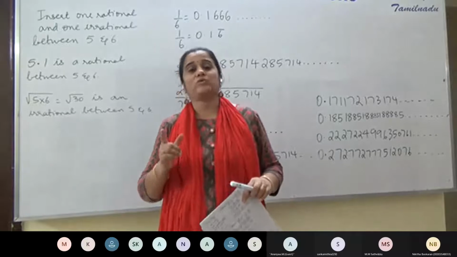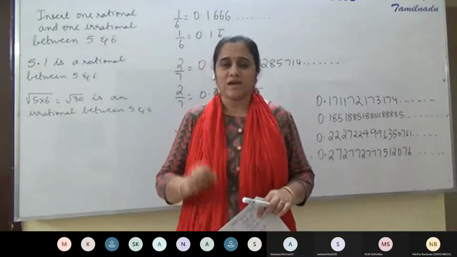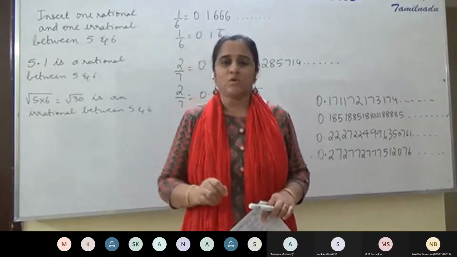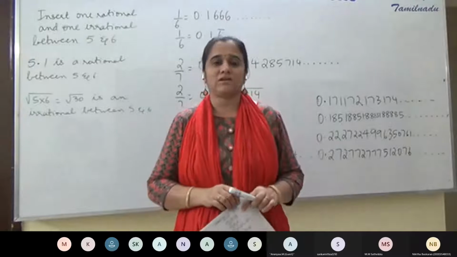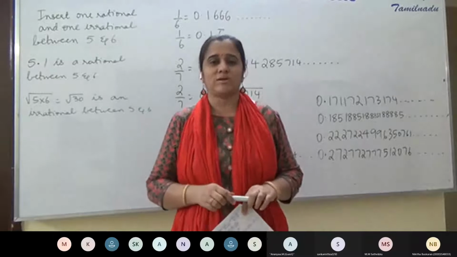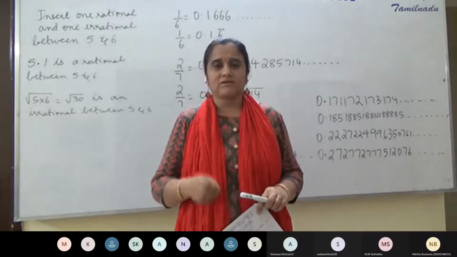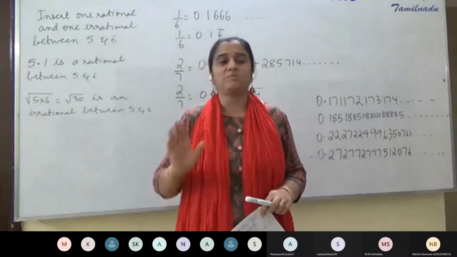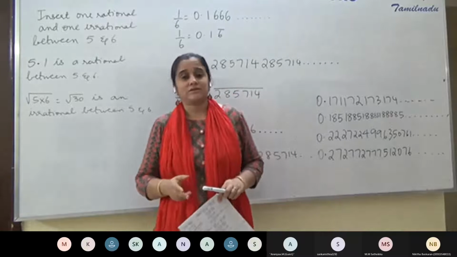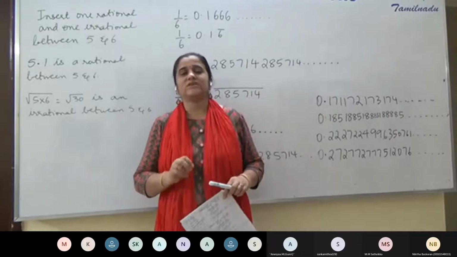Then the square root of 30 is an irrational number. I have told you something like this when we discussed irrational numbers during the introduction to this chapter. I repeat, 30 is not a perfect square, so the square root of 30 is an irrational number.